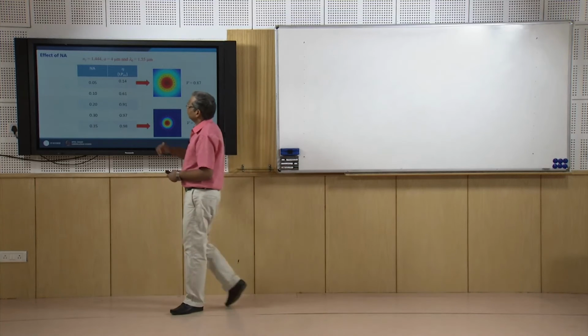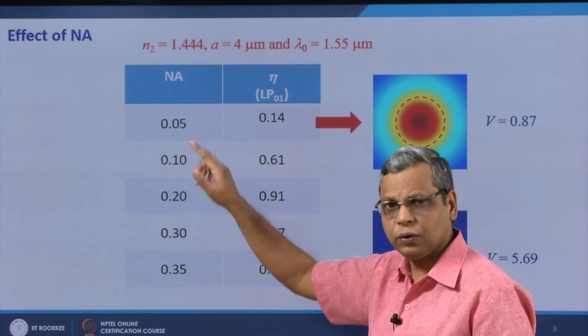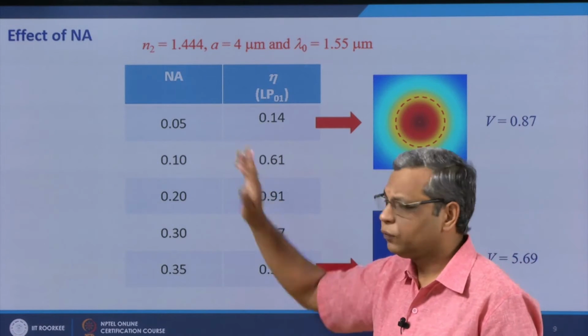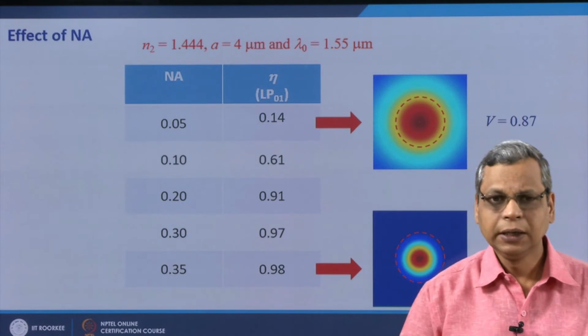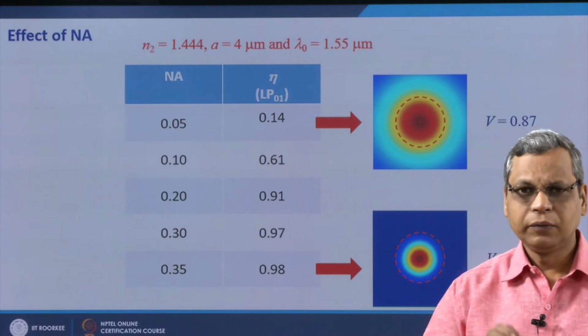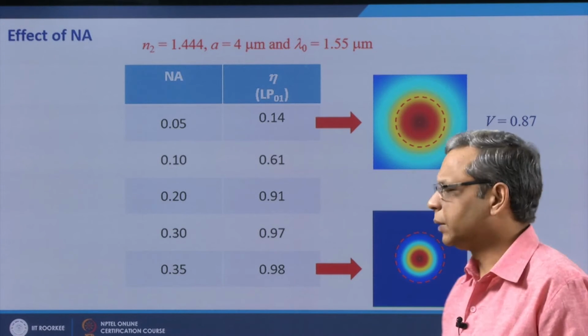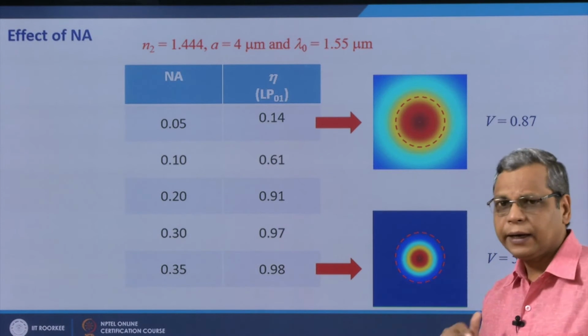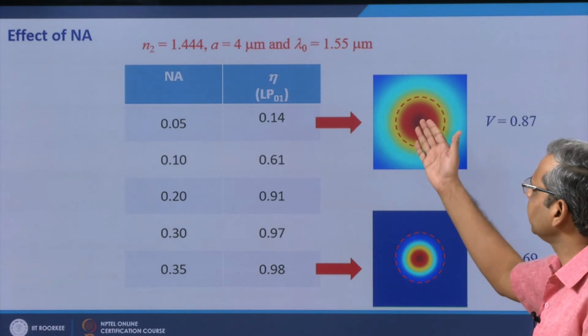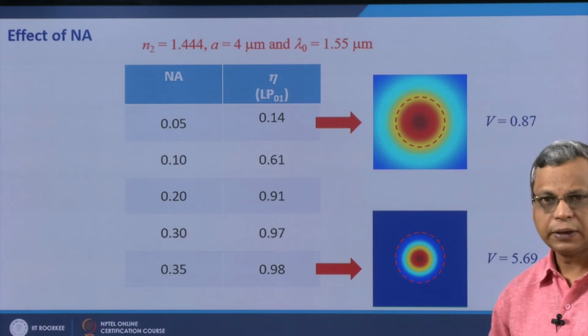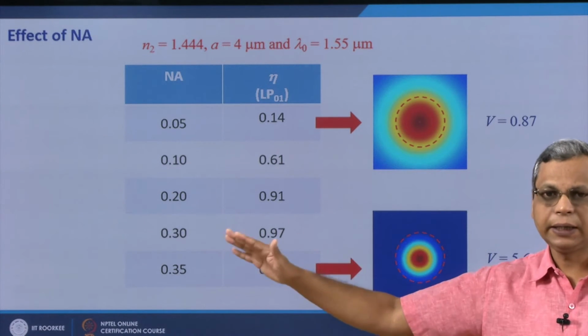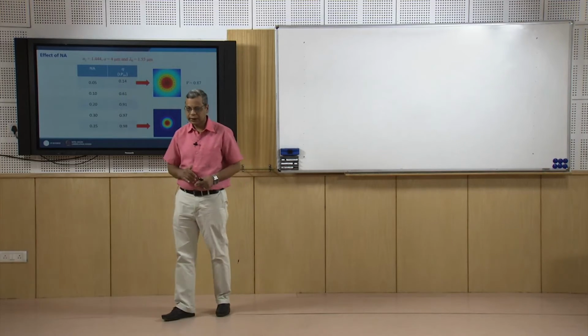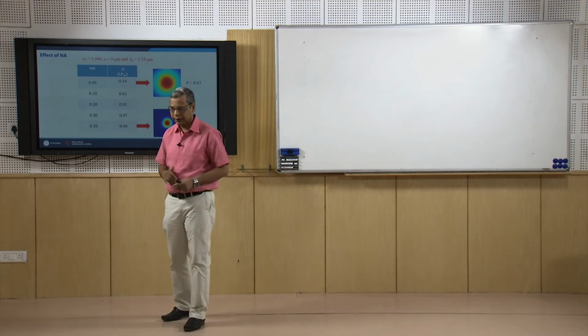When the numerical aperture is very low, just 0.05, it is a very weakly guiding fiber. So, it hardly guides light, only 14% of light is in the core, and 86% light spreads out in the cladding.